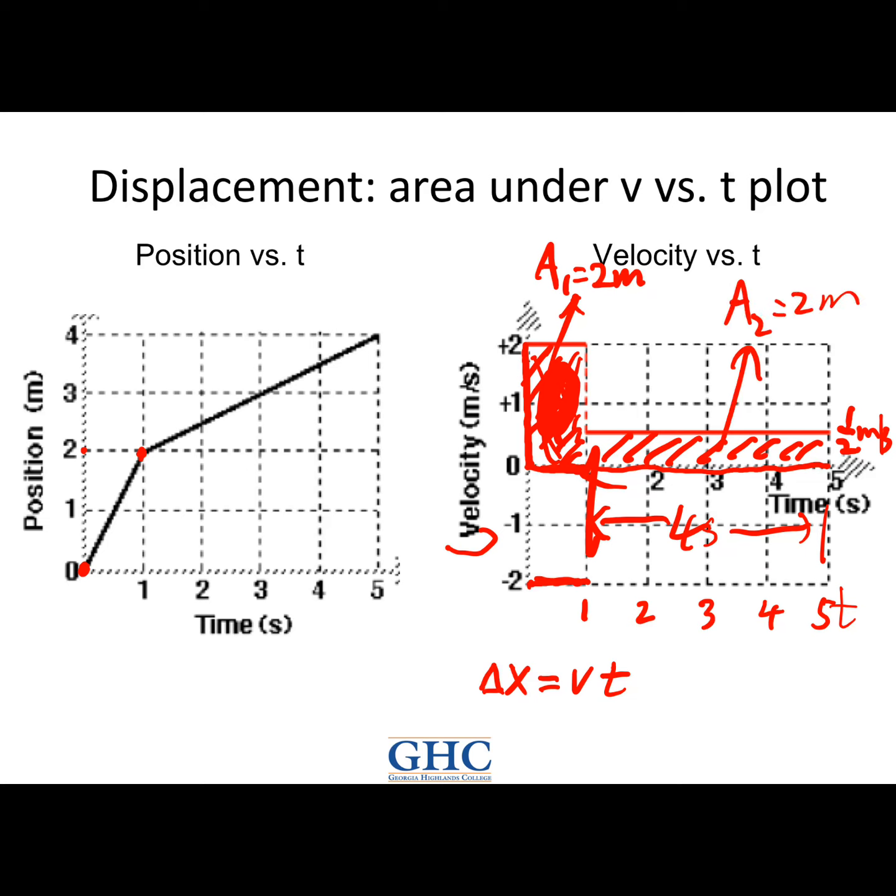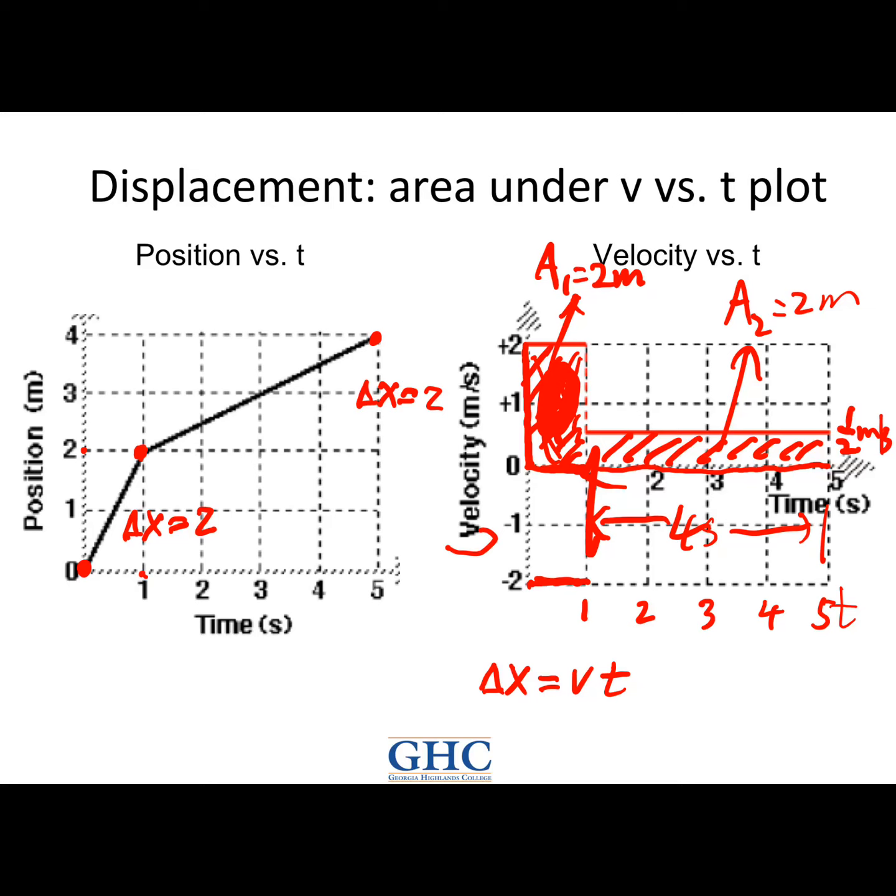So let's check out the displacement from 1 second to 5 seconds. The displacement is from 2 to 4. Displacement is also 2. Displacement is 2 from 0 to 1.